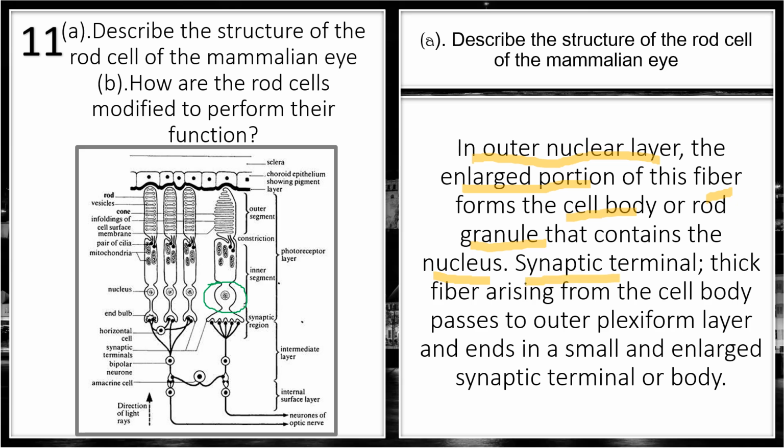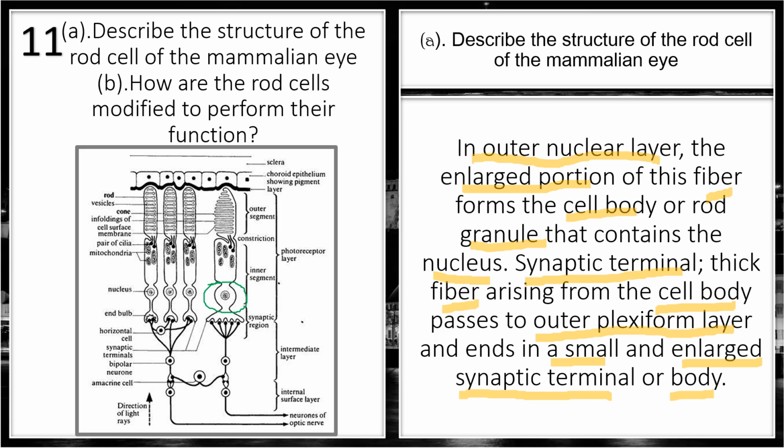A thick fiber arises from the cell body, passes to the outer plexiform layer, and ends in a small enlarged synaptic terminal or body.